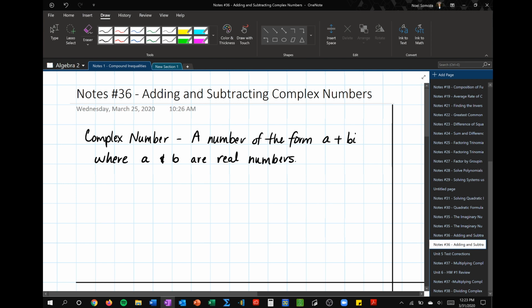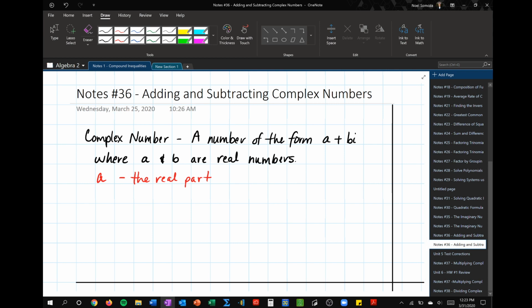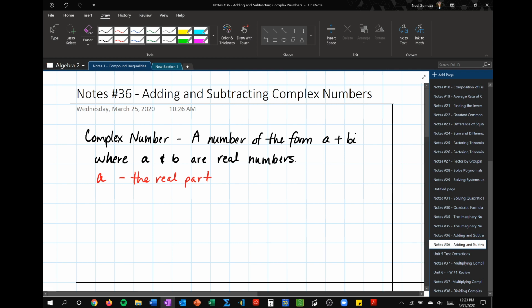The a is considered the real part, and then the bi is the imaginary part.